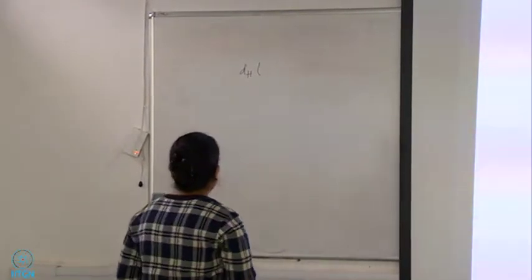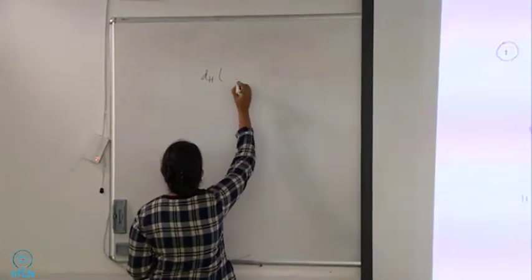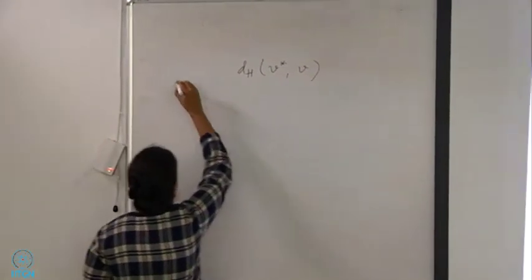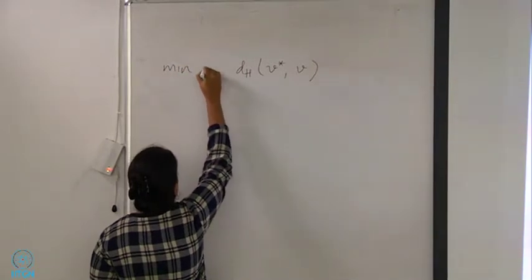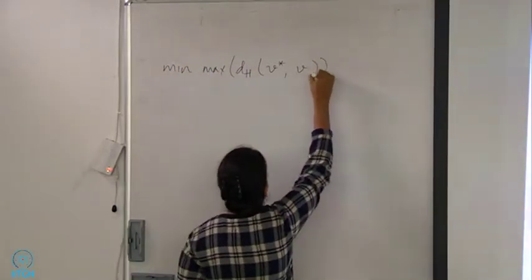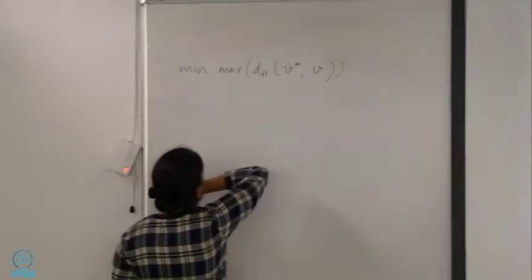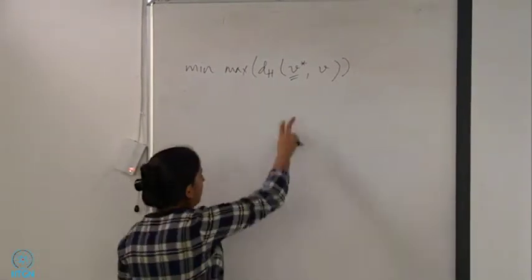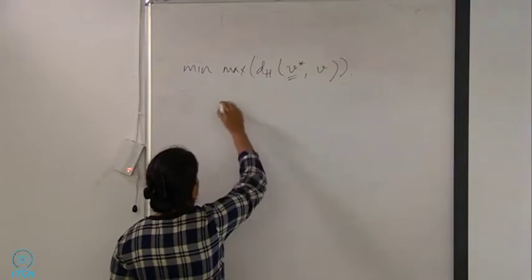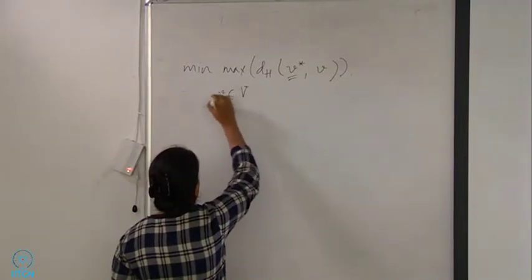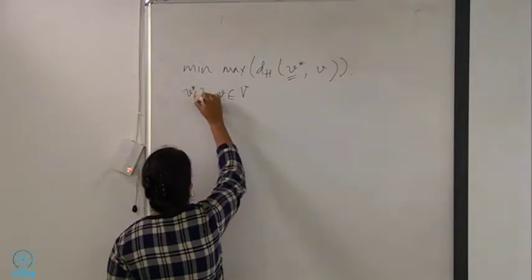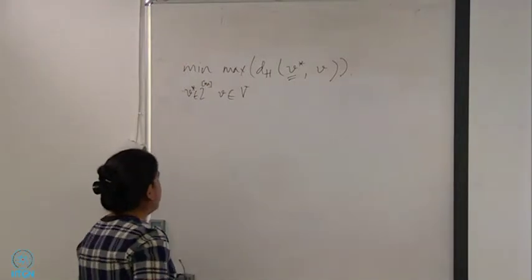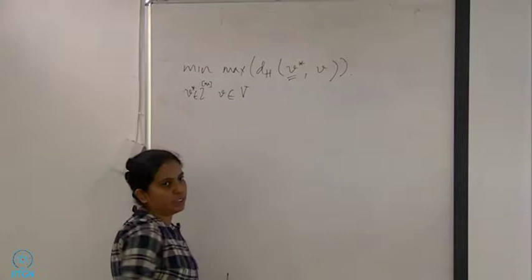So what we want is that V star. So let's fix a V star, which is a subset of candidates.